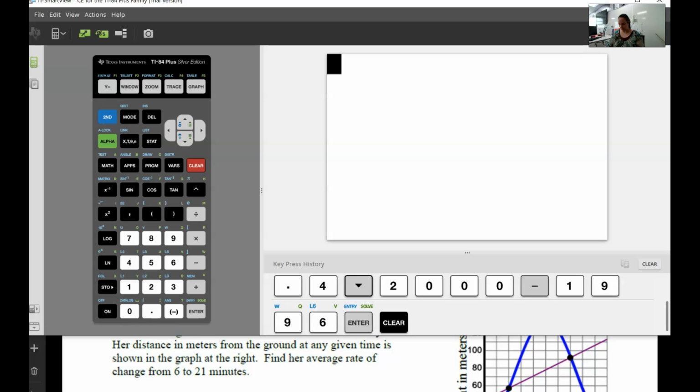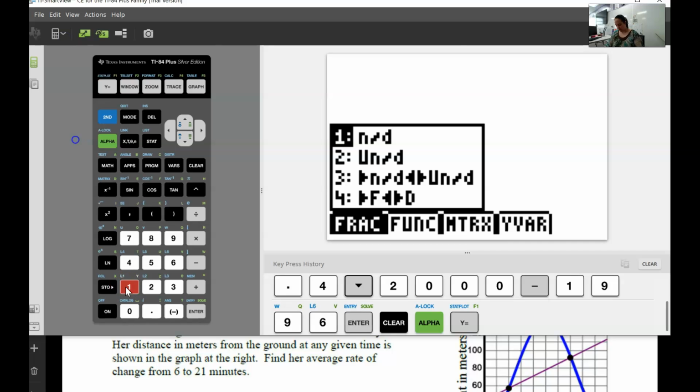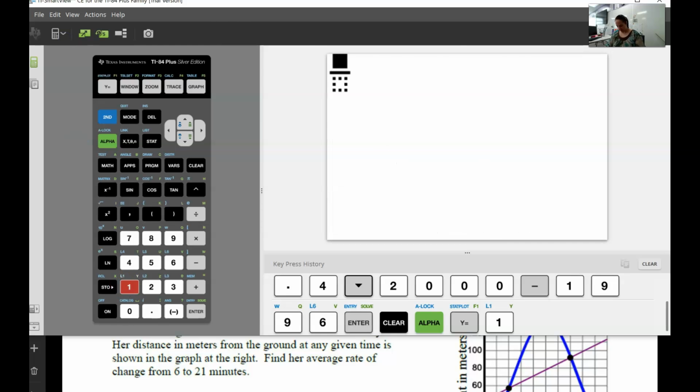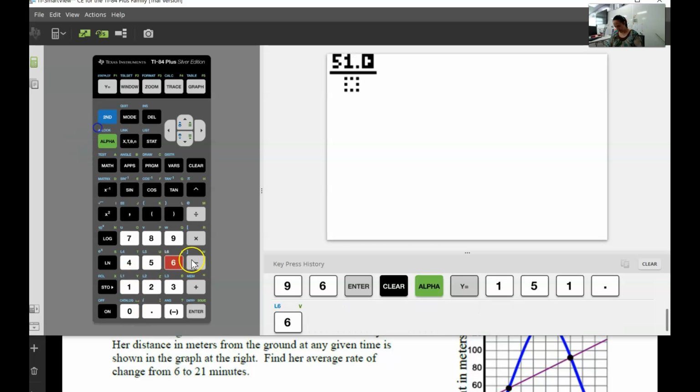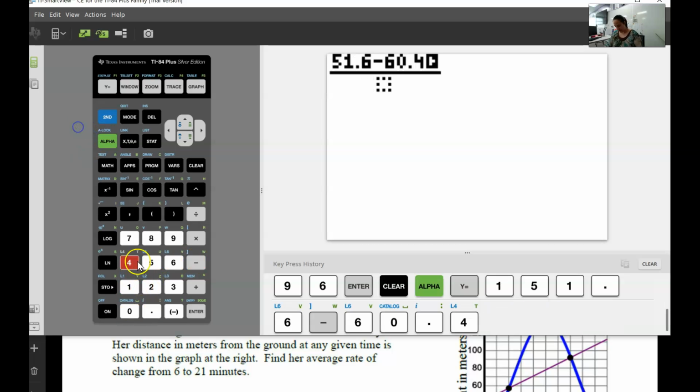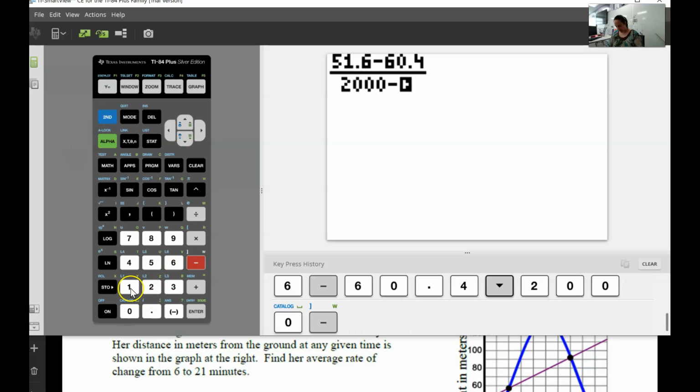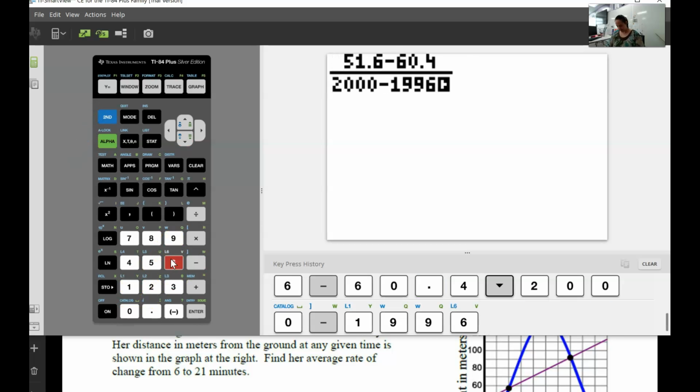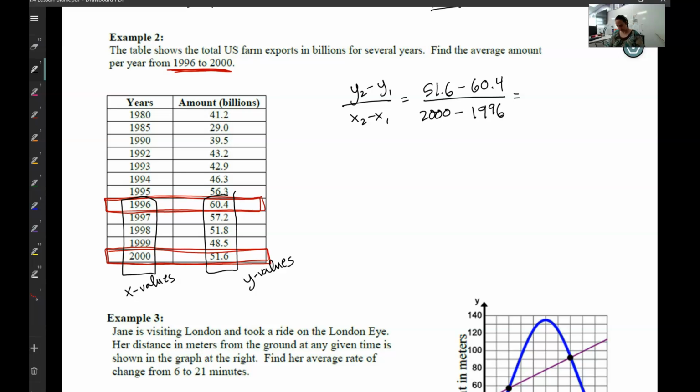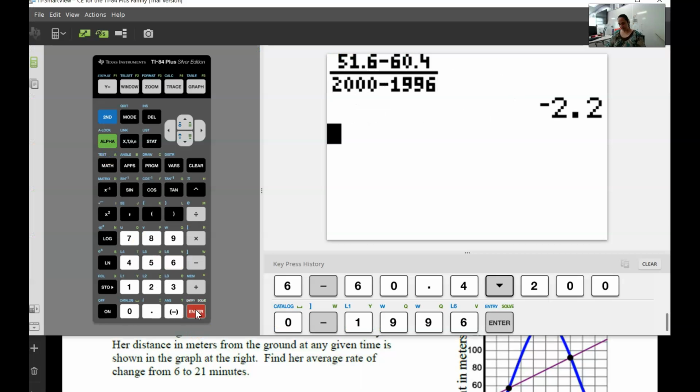Here's our calculator. I want to make a fraction, so alpha y equals number 1. The numerator of my fraction is 51.6 minus 60.4. The denominator is 2000 minus 1996. Make sure. Yep. Enter. Negative 2.2.